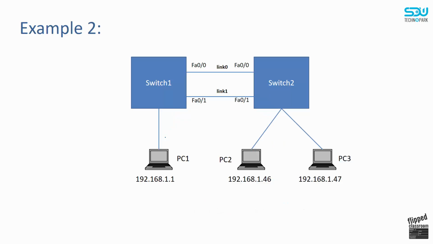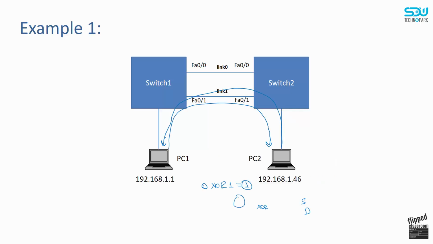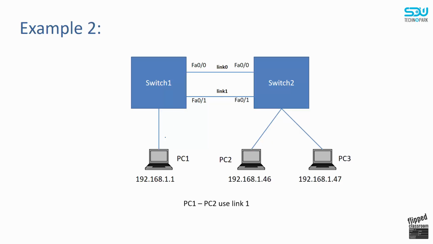Example number 2. Now we have 3 computers, where PC1 and PC2 use link 1, which we already defined in the previous example. Now let's define which link will be used between PC1 and PC3 during their communication. Well, to answer this question, we just take the binary streams of this number and of this number, and afterward we have 1 XOR 1, which gives us the result of 0.